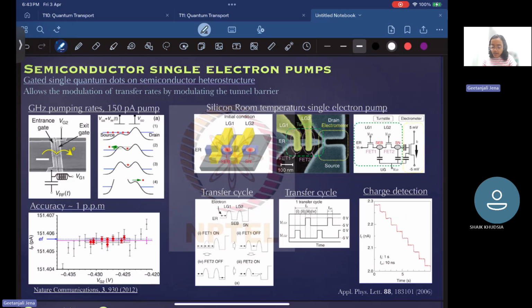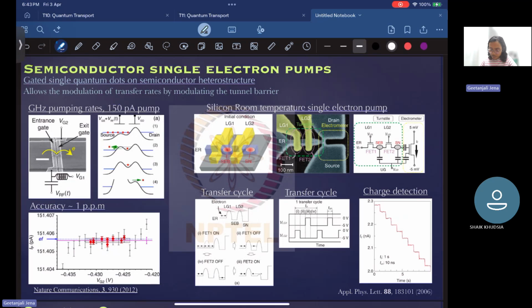There is a low current level, and we can't regulate the tunnel junction resistance because they are metallic, so it's not possible to control in a flexible manner what the tunnel resistance of this current standard is. But if you use a semiconductor single electron pump, because the tunnel junctions are made of semiconductors, you can control the tunnel resistance of this semiconductor single electron pump.